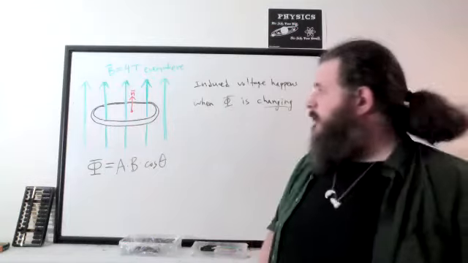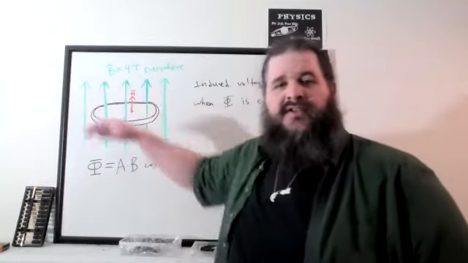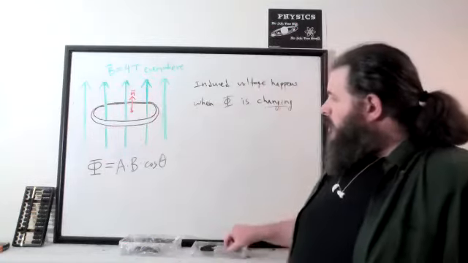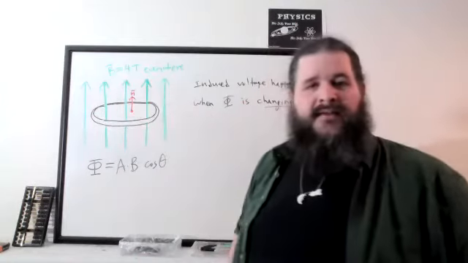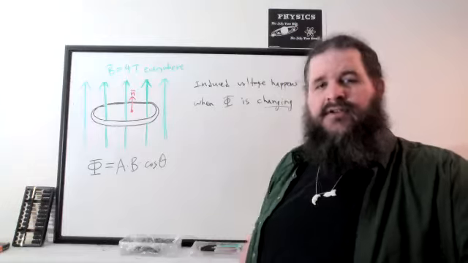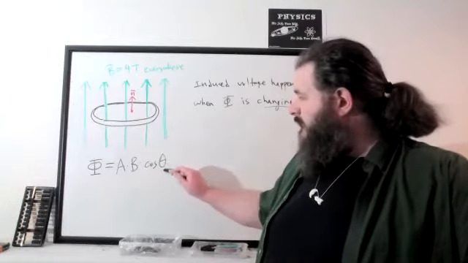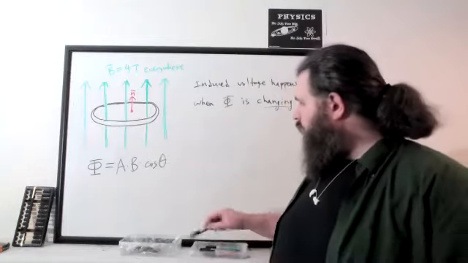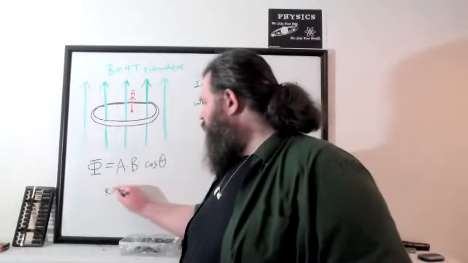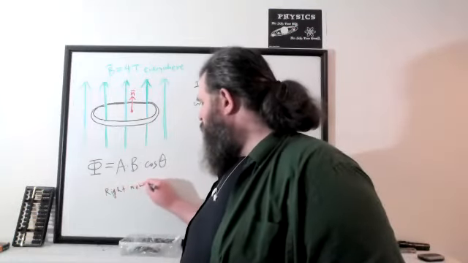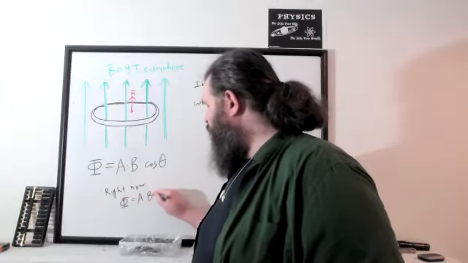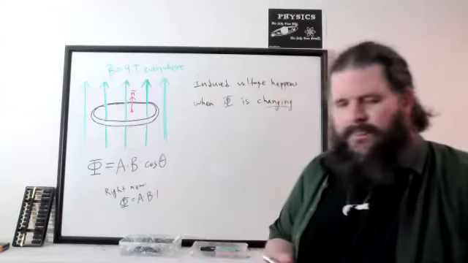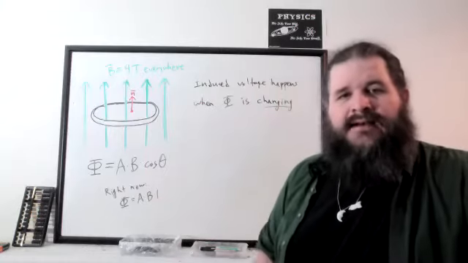That's just a vector perpendicular to the surface enclosed inside the loop. Then right now, we've got an angle of 0, because the normal vector and the magnetic field agree with each other. They're in the same direction. So at this instant, we've got cosine 0, which is 1. So right now, flux is area times magnetic field times 1. But we could be changing that.